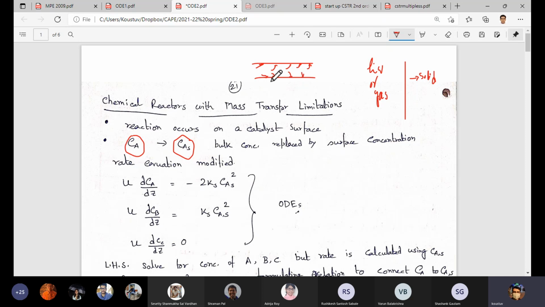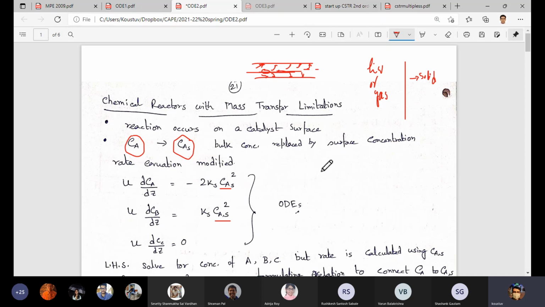In that case, your reaction is happening not in this fluid portion, not in this straight pipe or in the fluid element, but on the surface of the catalyst. So the main reaction is happening on the wall, the catalyst site or catalyst surface. That means concentrations at the surface are important, and that's why we have written it like this.